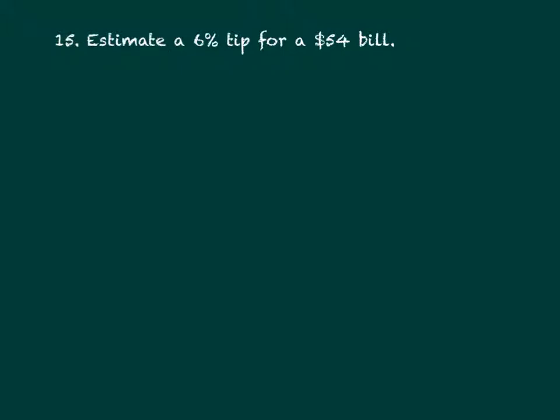Okay, so 6%, I'm going to round this up to 10%. And then for $54, well, $54 is closer to $50 than $60, and especially since we already rounded up the percent here, we may want to round the dollar part down.